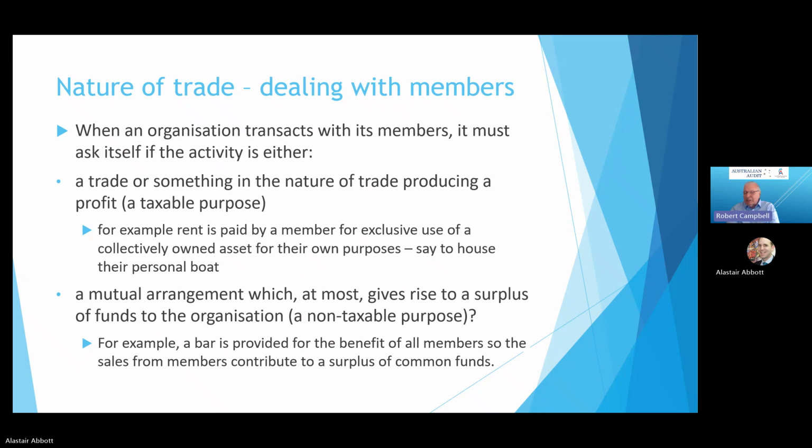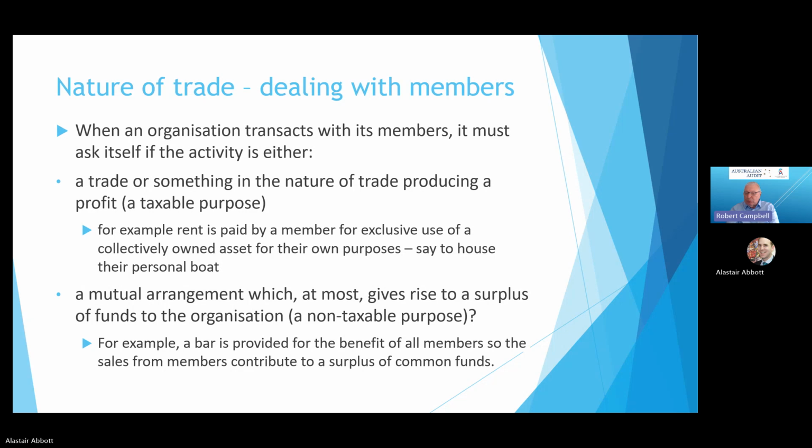When an organisation transacts with its members, it must ask if the activity is either a trade or something in the nature of trade, producing a profit. For example, rents paid by a member for the exclusive use of a collectively owned asset for their own purposes, say to a house to house their personal boat. So this may be non-mutual income for a yacht club, for example.